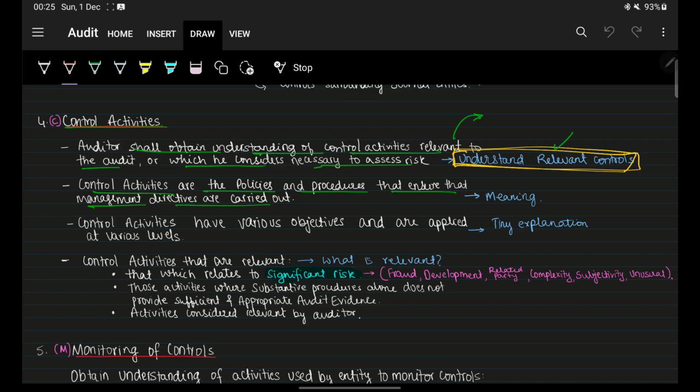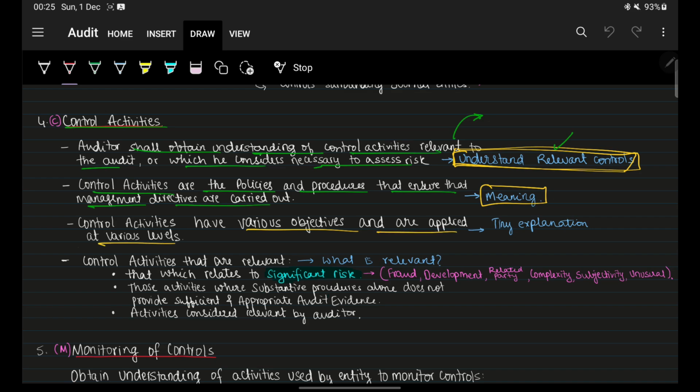So the first point is he needs to obtain an understanding of relevant controls. The second point is basically just the meaning of control activity. Now, control activities have various objectives and are applied at various levels. Obviously that is simple, right?